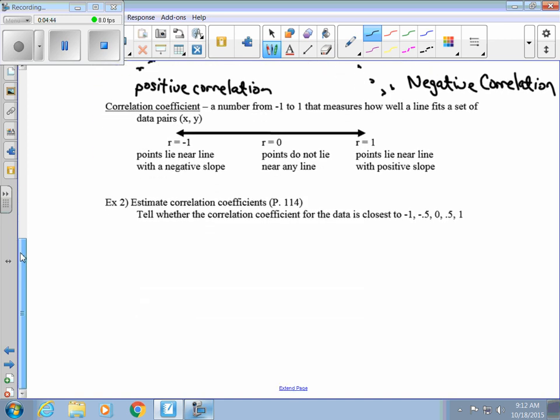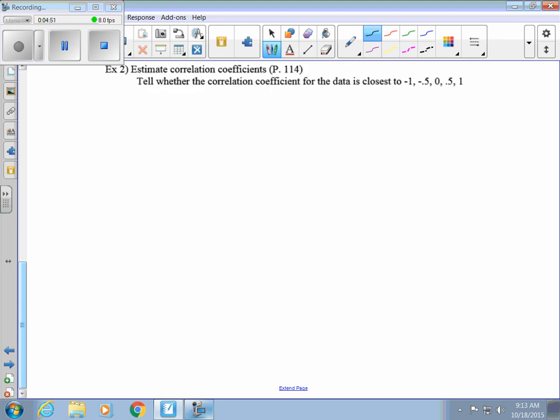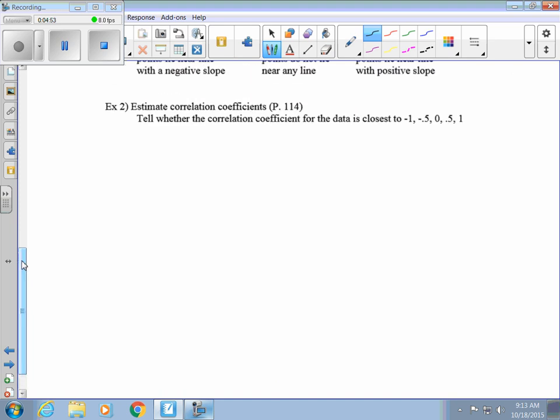So example 2 is on page 114 in your book. And so we're going to look at what those have. So if we look at the correlation coefficient number in example 2, the first one, let me draw those on here real quick for you.